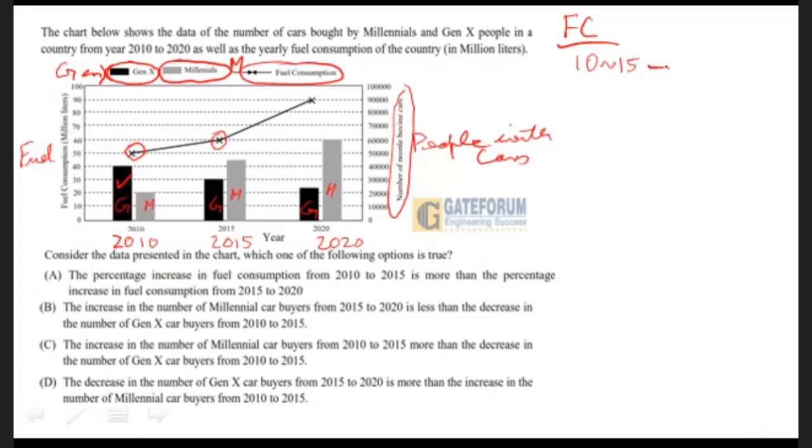So the percentage is 60 minus 50 divided by 50 into 100, that is 20%.